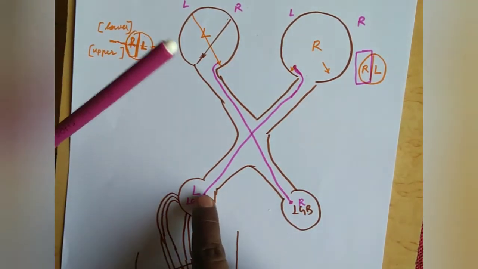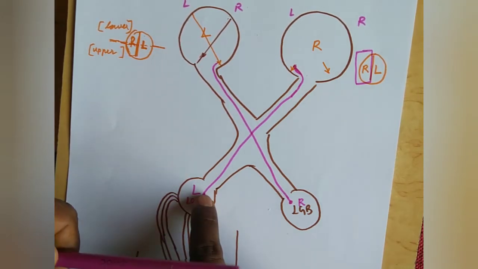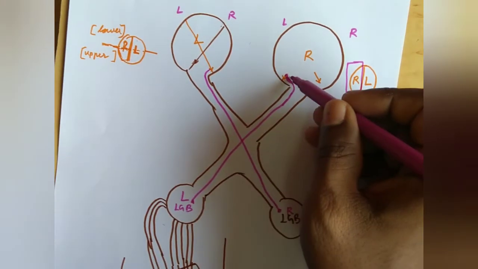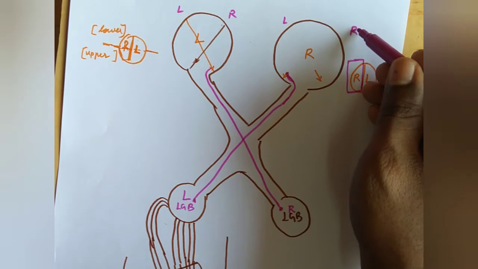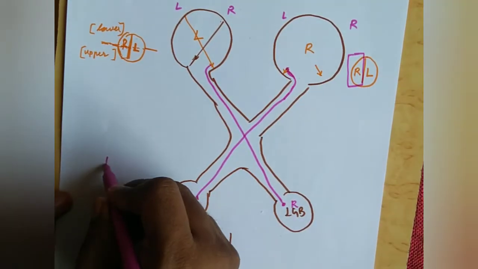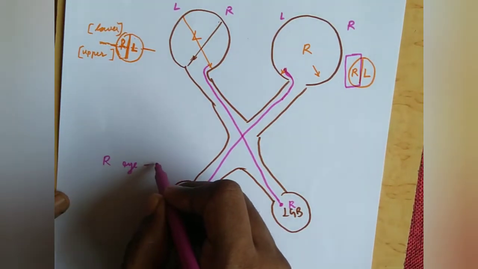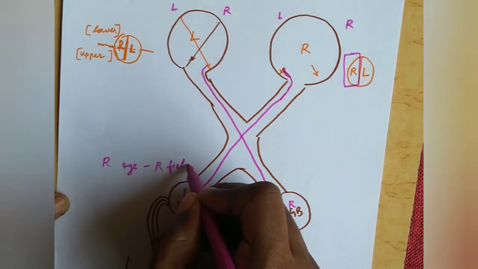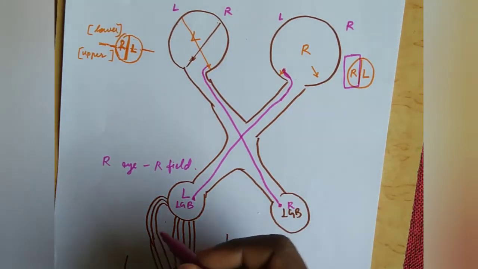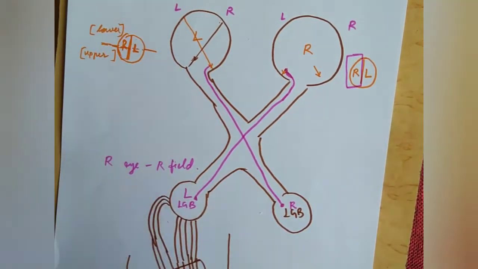Now which visual field does this lateral geniculate body have? Just see this, it has the right visual field of the right eye. Next we will see about the uncrossed fibers.